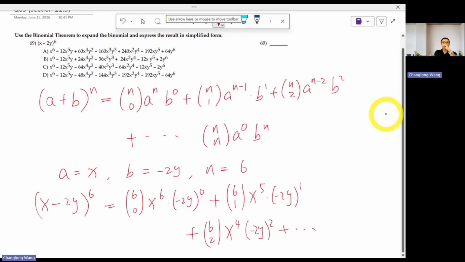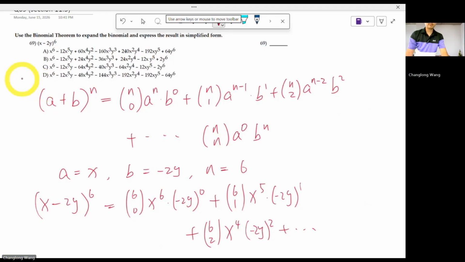But it'll take time, right? Let's take a look at the options. You see that getting the first term worked out doesn't really help, not to mention the second term, but things get very different from the third term. You could just figure out what the third term is going to be.